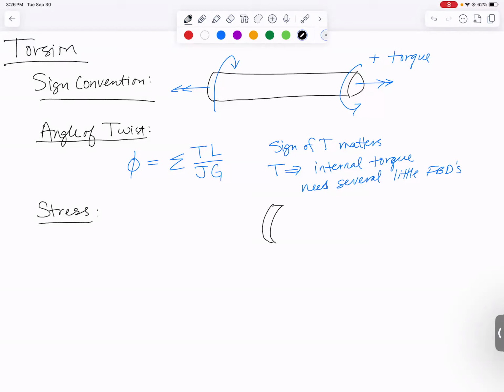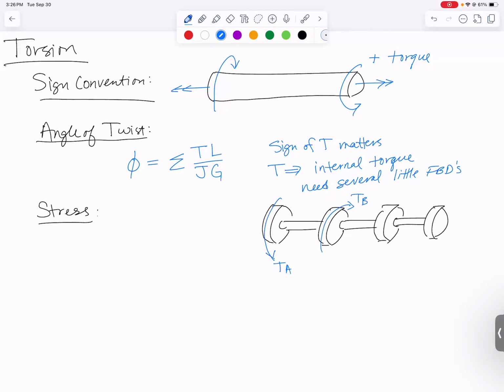If I had several wheels, and at each wheel we have different torques, the torque that's applied at A, the torque that's applied at B might be in a different direction. Maybe there's the torque at C, and maybe here is the torque at D. If I want to actually find the angle of twist here, I do not directly use TA, TB, TC, or TD. Instead, I want to cut open in between A and B to find the internal torque in segment AB.